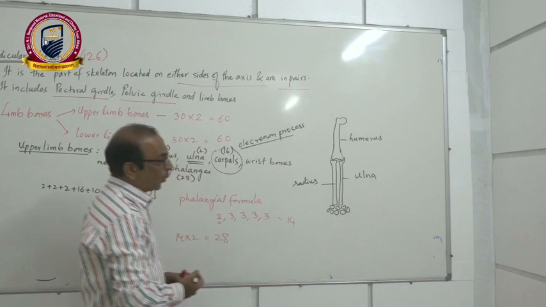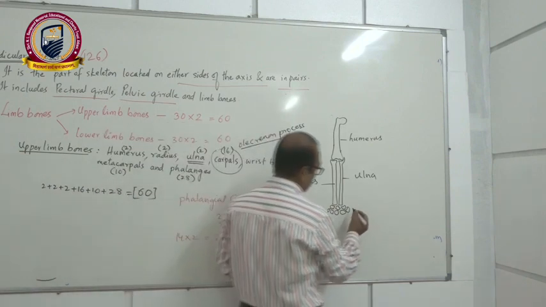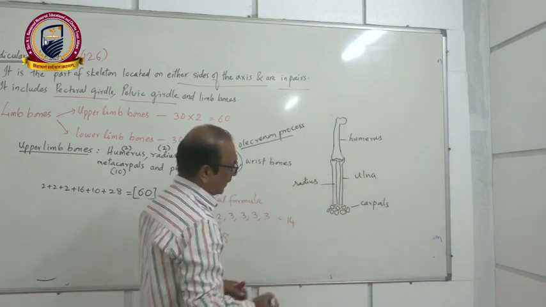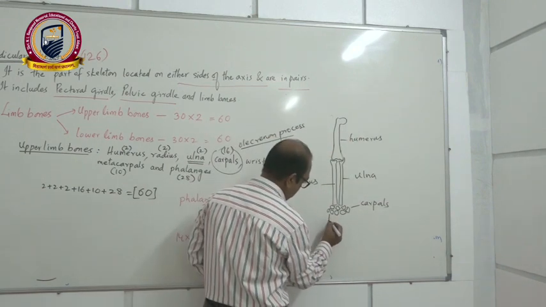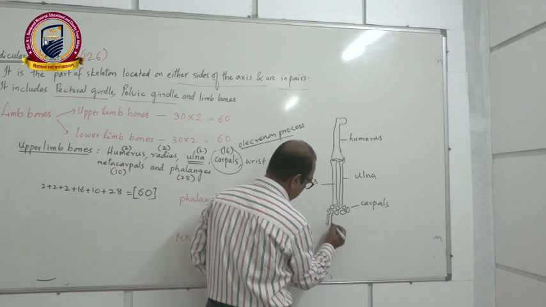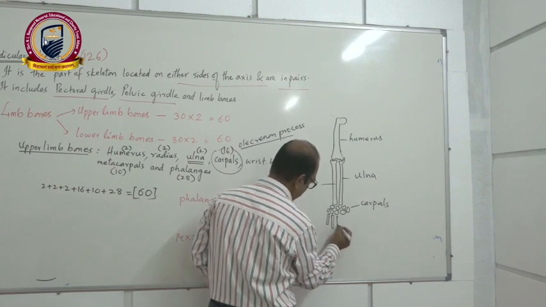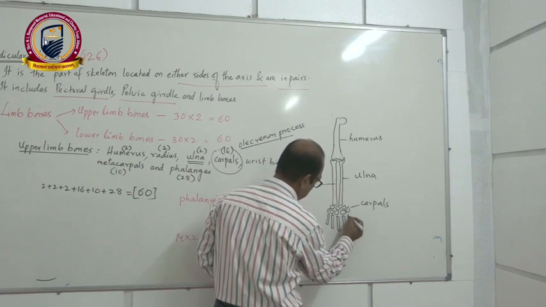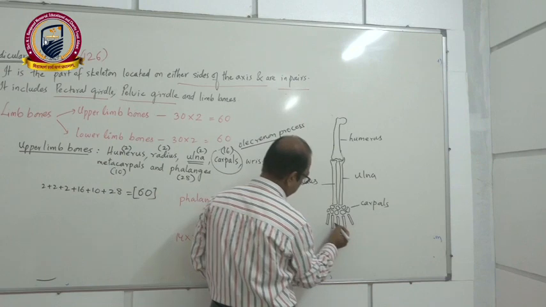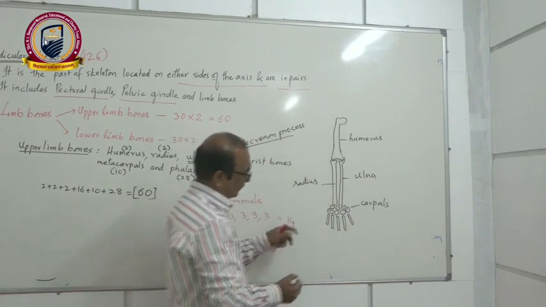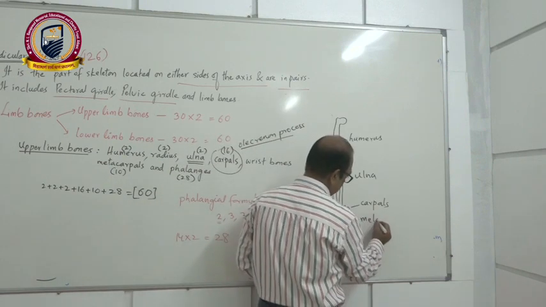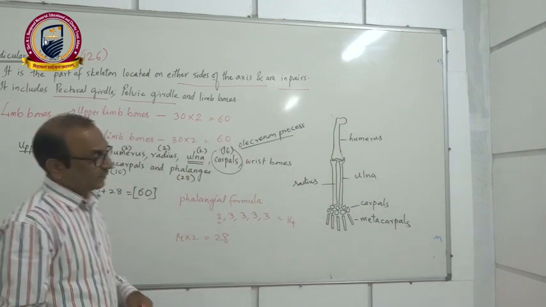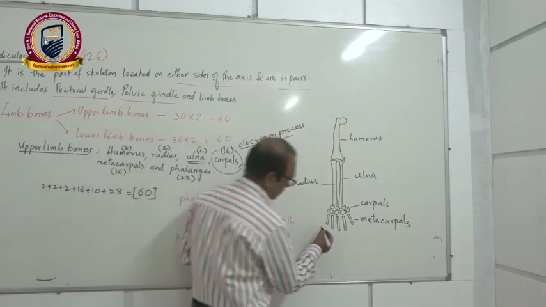eight bones that make up the carpals, and from these there are metacarpal bones arising, and these five are the metacarpals. And to these metacarpals, we know that the phalanges are attached.